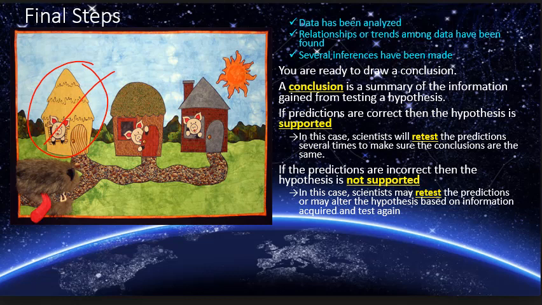Maybe the stick house, at this point, maybe the stick house is stronger. And we know from the story that both those pigs, they did not survive in that. They had to run to the brick house. And then finally, the brick house was the one thing that kept the wolf out. So that supported the hypothesis that the brick house would be the safest.